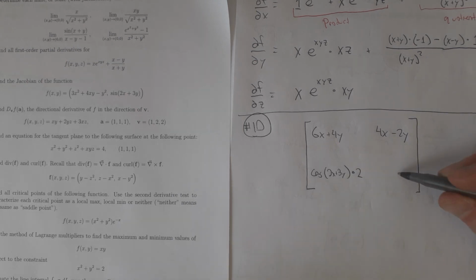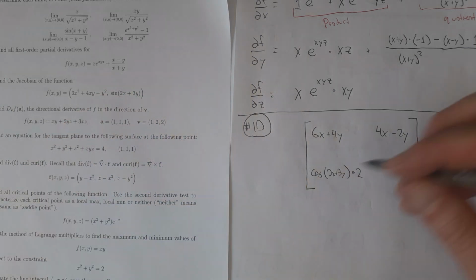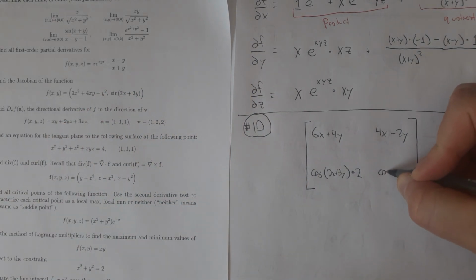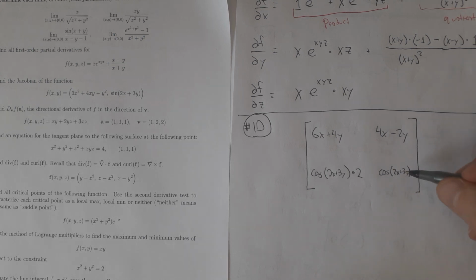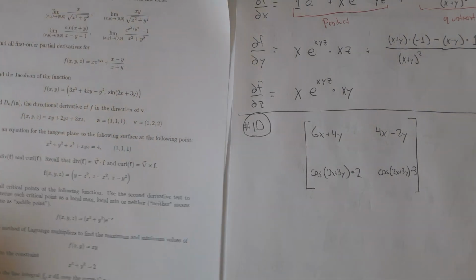Now here I'm going to do the derivative of the same thing with respect to y, which starts out the same. I'm using the chain rule, so I do the derivative of the outside, which is cosine. But then I multiply by the derivative of the inside with respect to y, which is 3. Okay, and that is our Jacobian.